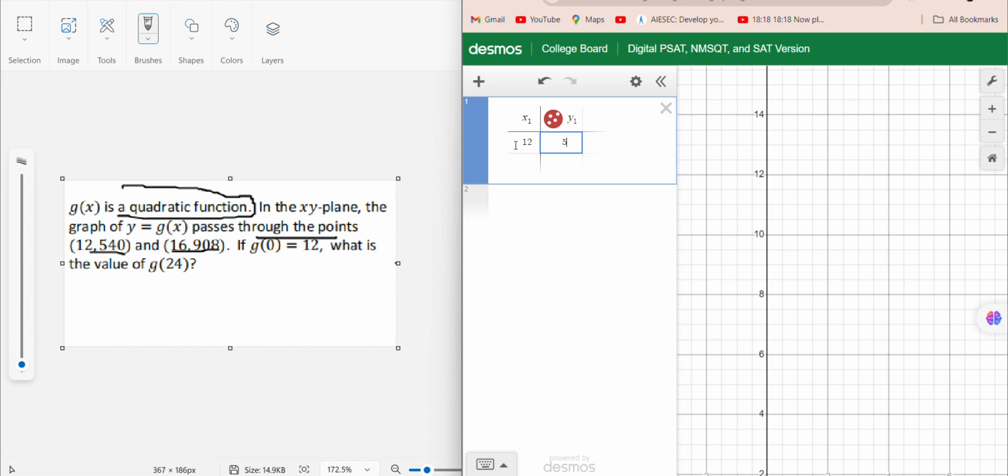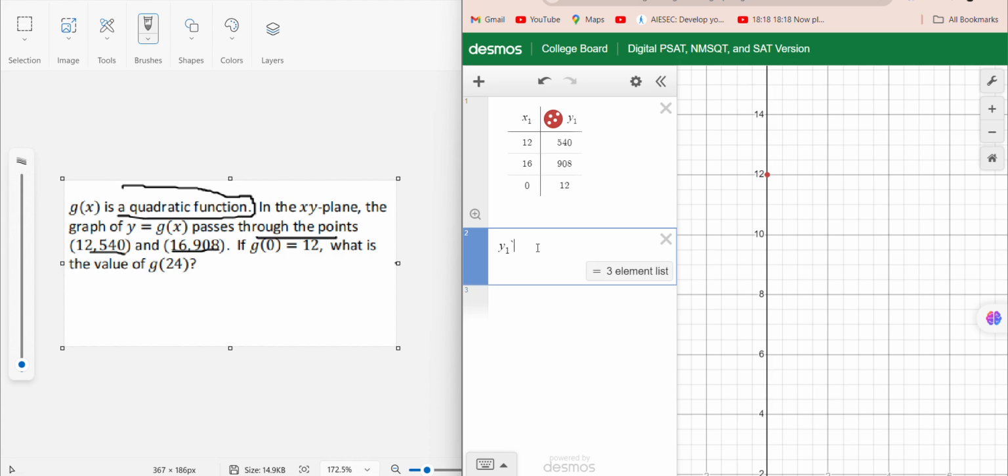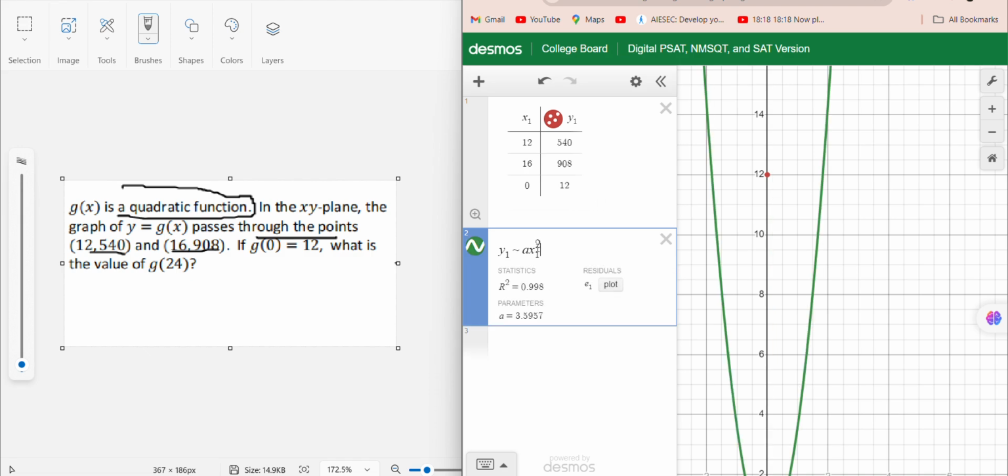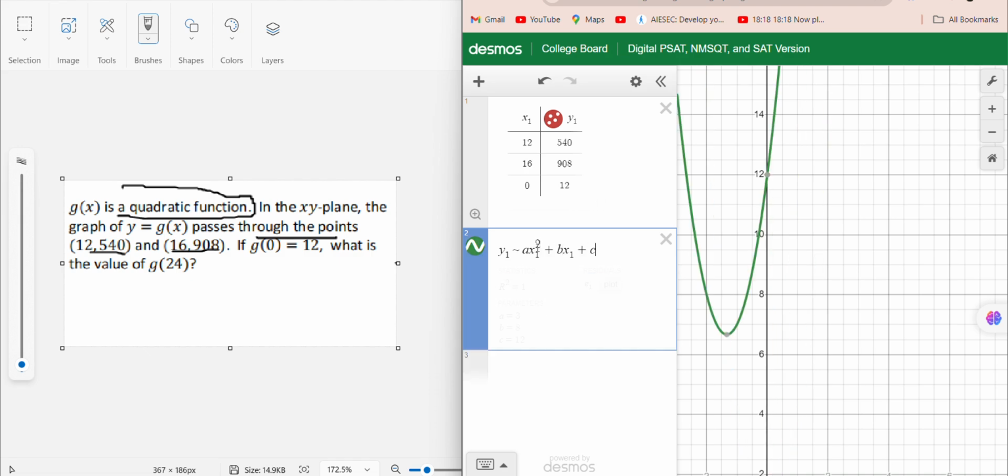Let's enter the x1 and y1 from the question. Now if g(0) is 12, that means the point (0, 12). What is the value of g(24)? Now let's type in the equation of the quadratic function, as I have taught you in a previous video. Be careful while using x1 in place of x. Many students get confused and don't use x1, so their answer could not be solved.